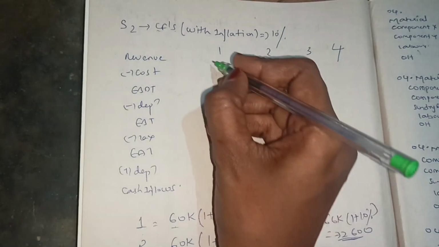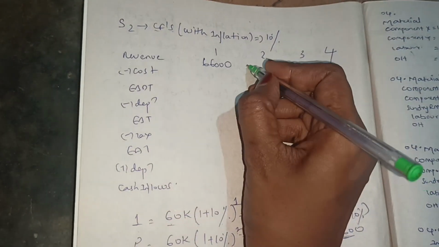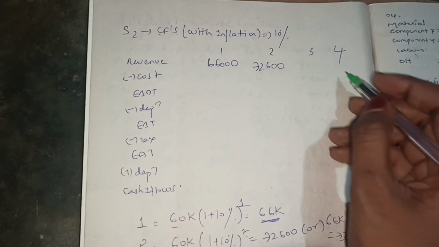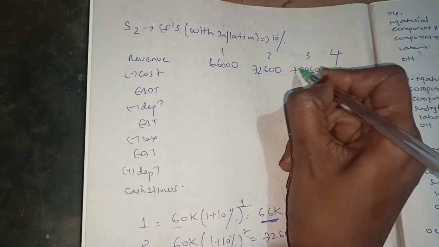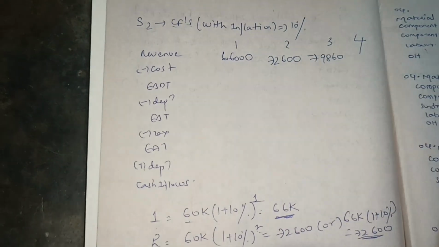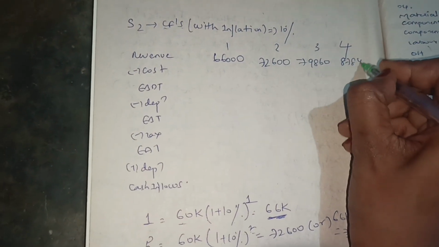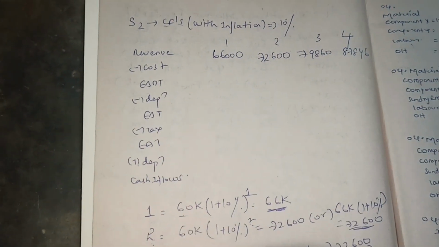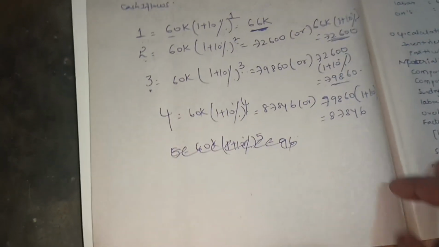So I'll be filling this format. For the first year it is 66,000. For the second year it is 72,600, and for the third year it is 79,860, and for the fourth year it is 87,846. Now we have to find cost. We have to add inflation to the cost.